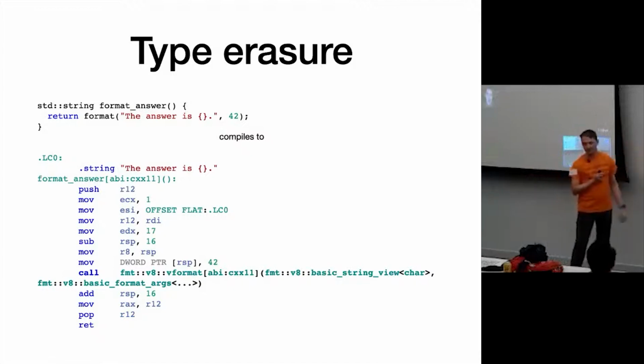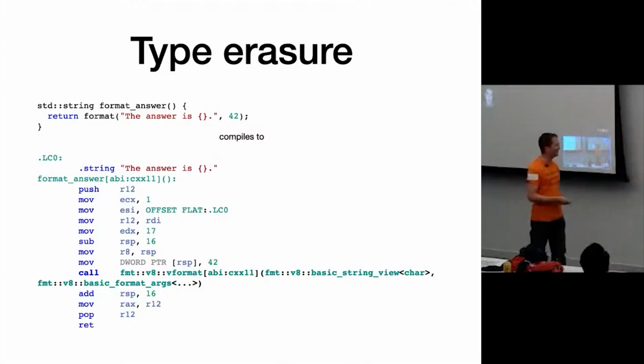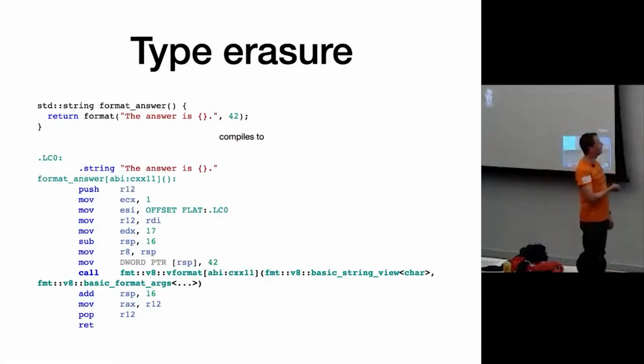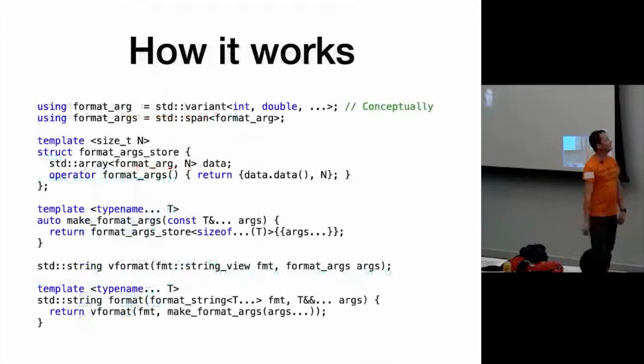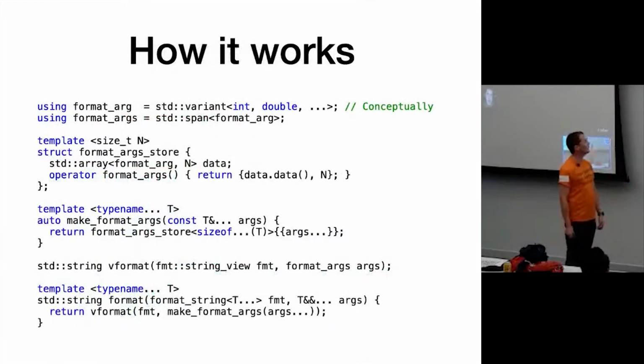Here is a dozen instructions, and only a single call to vformat. That one has some magic code, so they're cheating, but it's shared between all the calls to vformat. How it works, yeah.